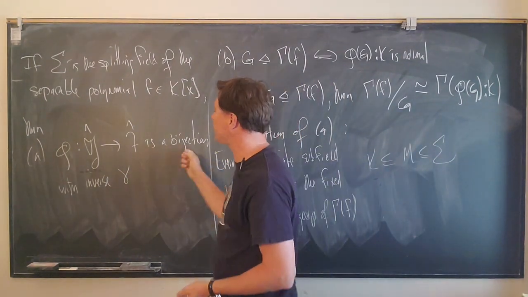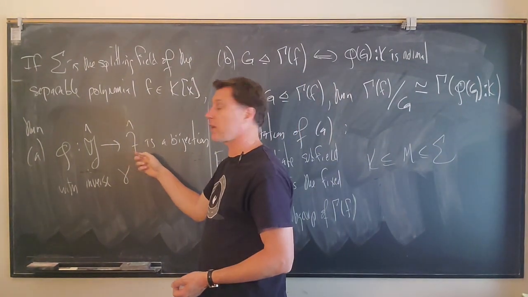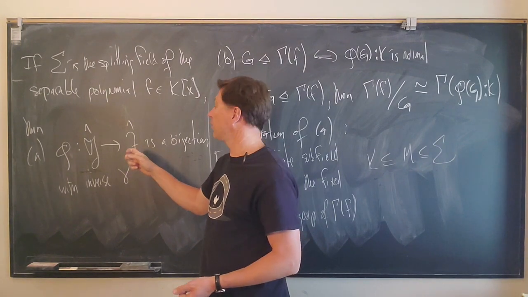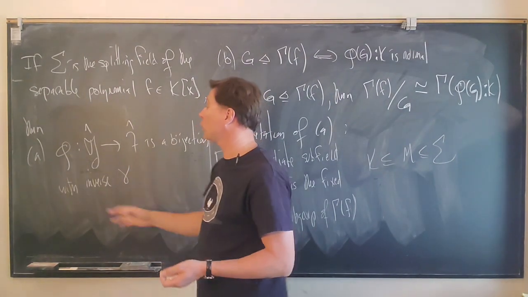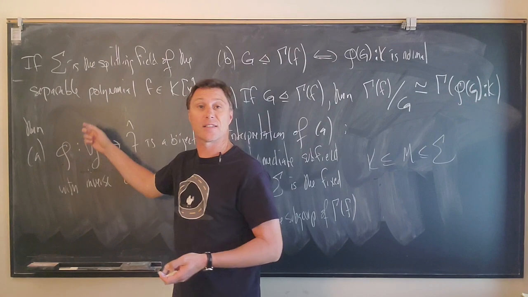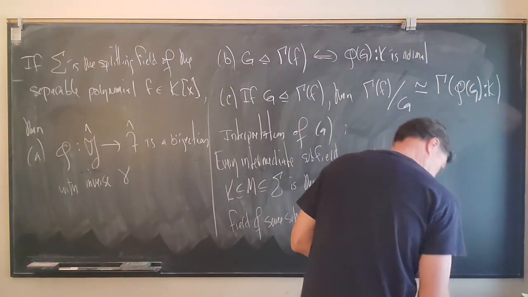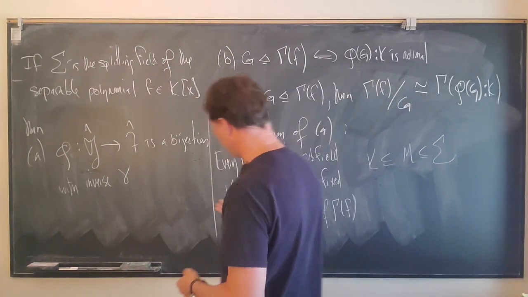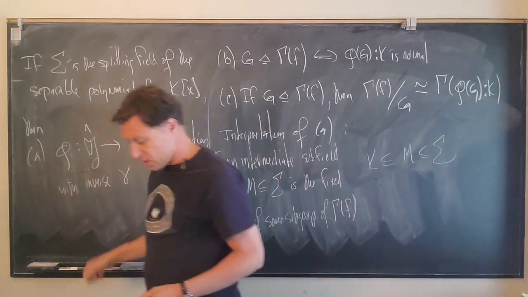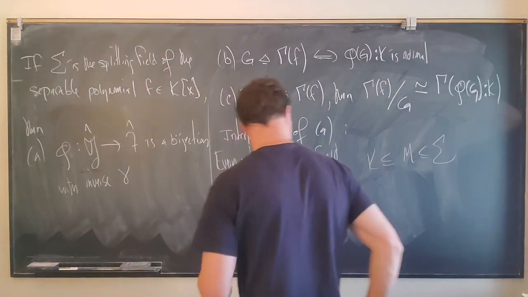Because since we know it's a bijection, we know it's onto, so every intermediate subfield, every element of F star is equal to phi of G for some capital G in script G star. Okay, so that's really just saying that our mapping phi is onto.